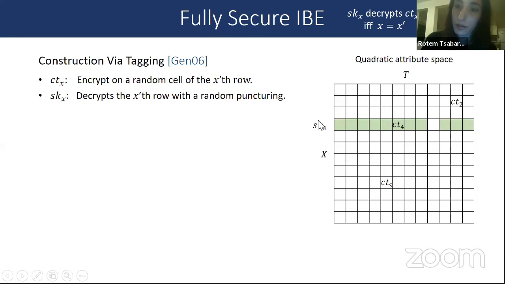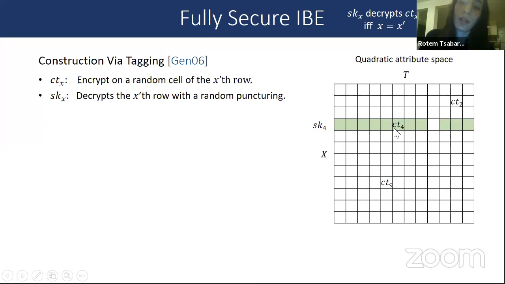Okay, so in terms of correctness, this abstract construction should work because the key should be able to decrypt all of the columns in the row except for one tag. And this tag is chosen randomly. And also the column under which I encrypt the ciphertext is also chosen randomly.